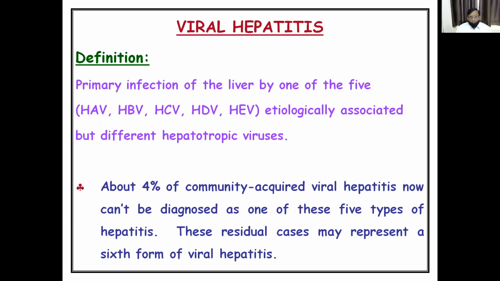About 4% of community acquired viral hepatitis now can't be diagnosed as one of these 5 types. Hence, the residual cases may represent a 6th form of viral hepatitis, which we have discussed, the hepatitis viruses 6, 7, 8.